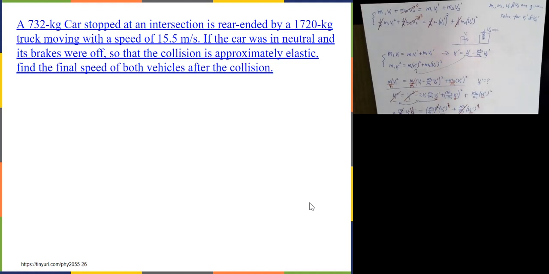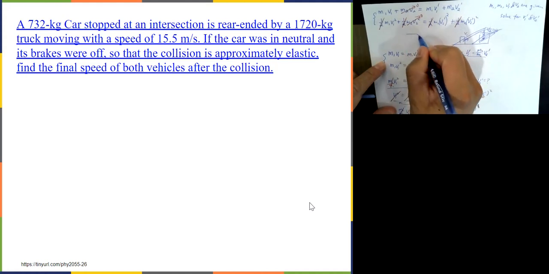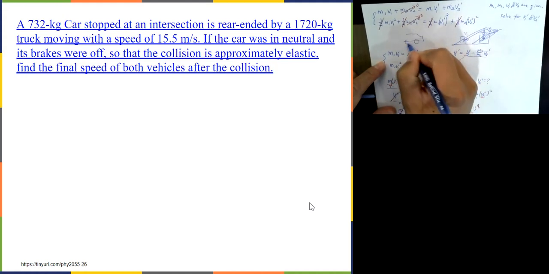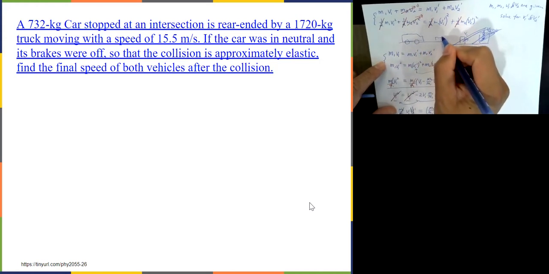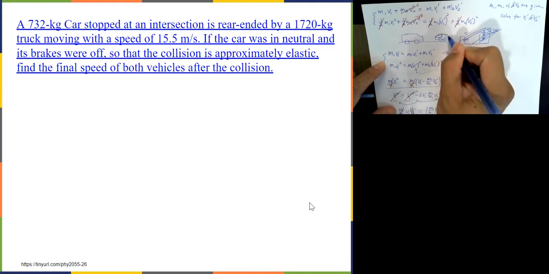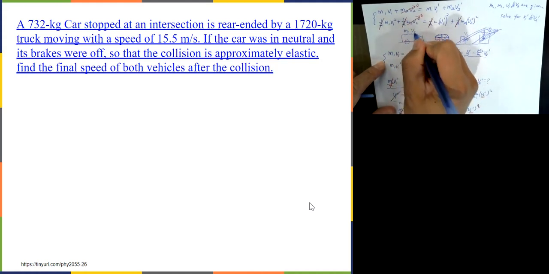Just assuming the first one is a truck, and then it hits the smaller car. So this is M1, V1.